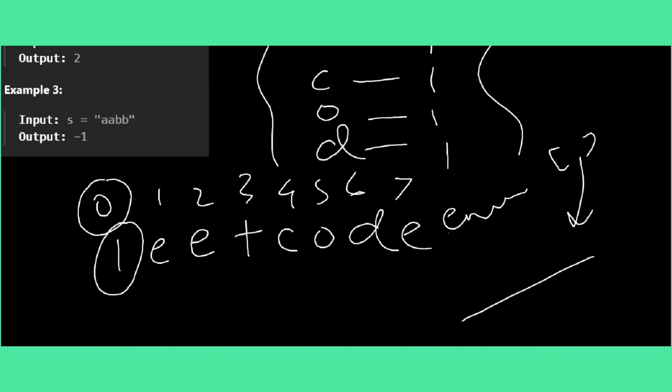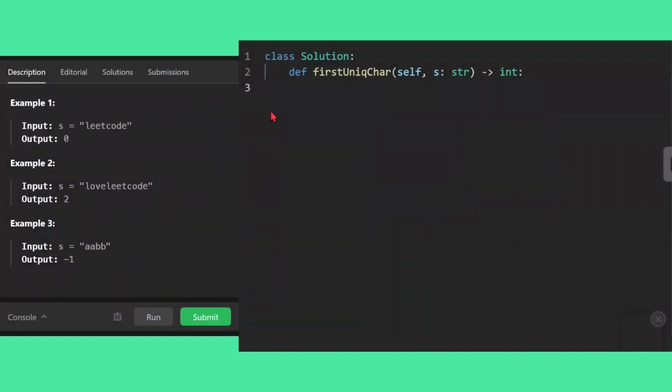So let's work on the code now. I'll create a frequency hash map real quick. We all know how to create a frequency hash map, so I'll just use a Counter function for this one.